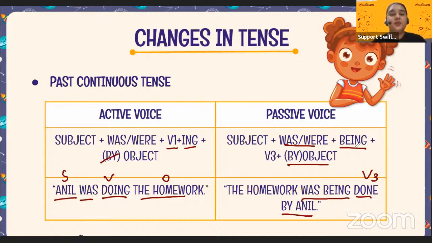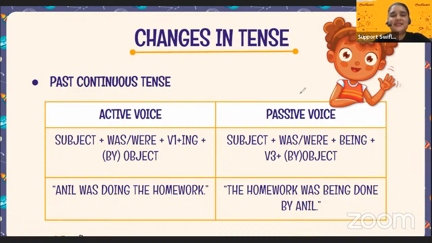Was being will be used here. If it's plural, you will use were. If it's singular, you will use was. With he, she, it, we use was. With they, we use were. Clear? Yes? Good. Let's move to the next slide. Yes?